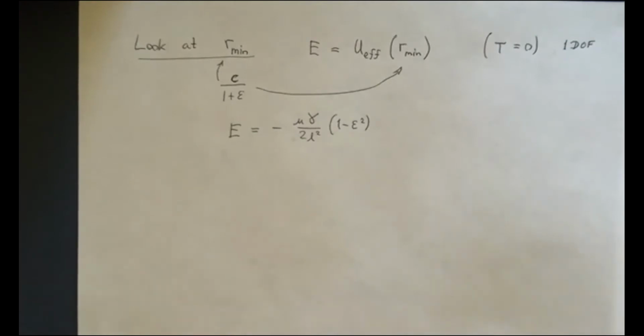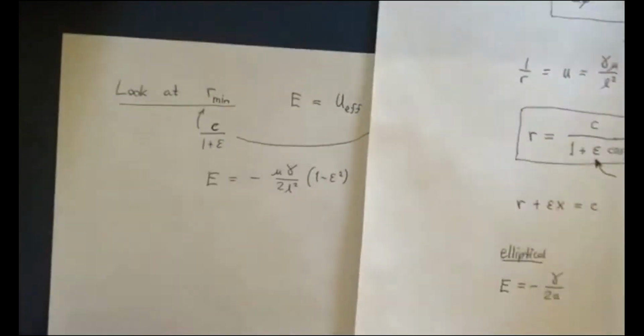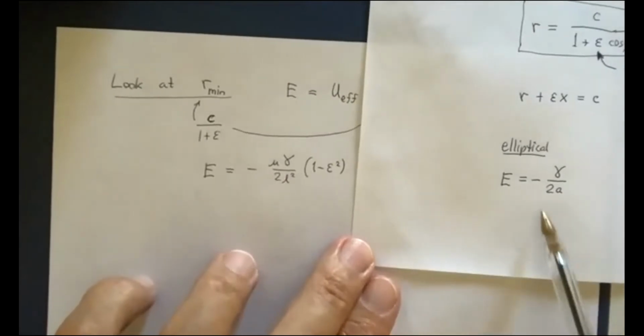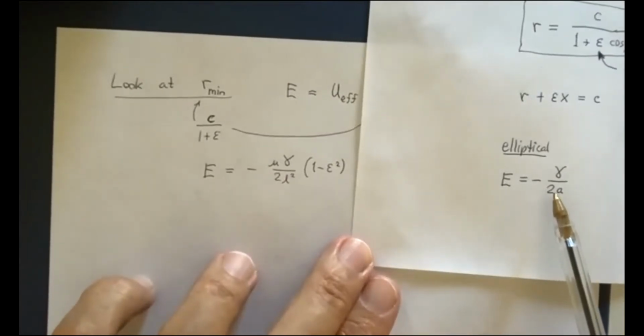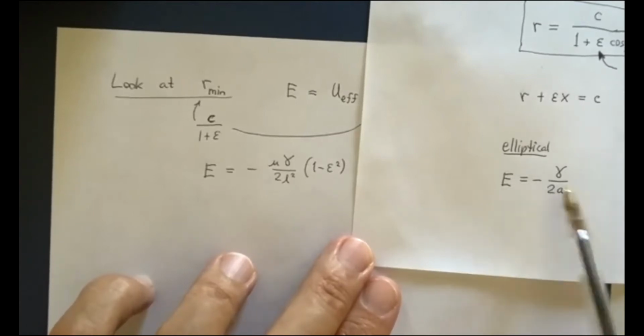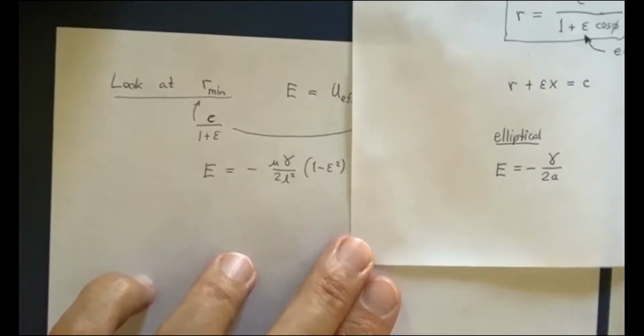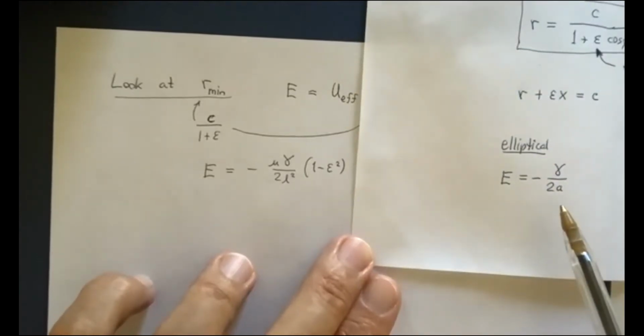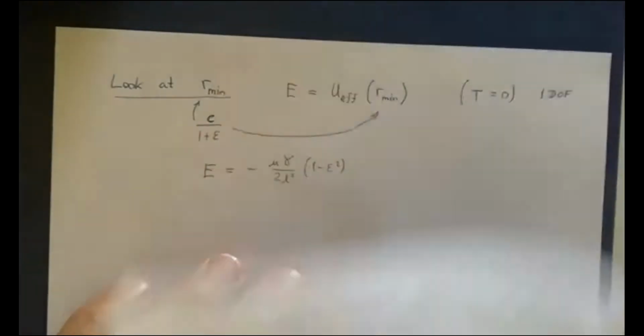Remarkably, and you should go through this as a nice exercise, this simple formula is not in the chapter summary. Somehow, in my opinion, that's an omission. It's important to observe that the total mechanical energy is minus gamma over 2A. And this is well known for circular orbits. Obviously, a very important sanity check is for circular orbits.